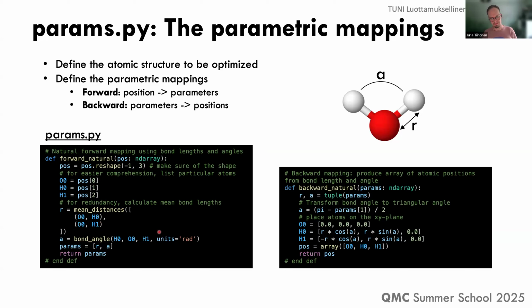And then we have to write a consistent backward mapping, which takes this array and constructs a positional representation of the same, consistent atomic structure based on these parameters.